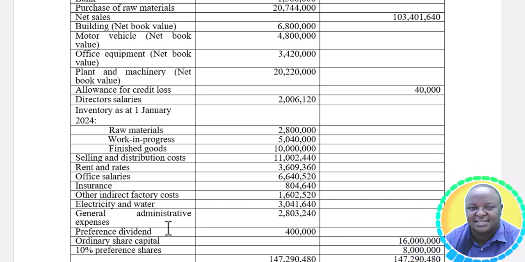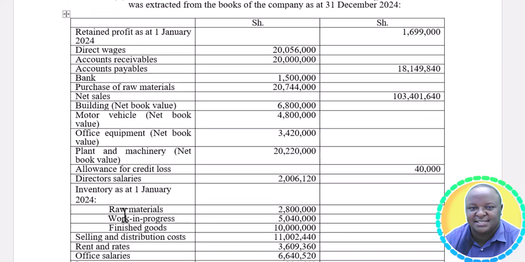We are going to have general administrative expenses at 2,803,240. What else? Okay, let me check.